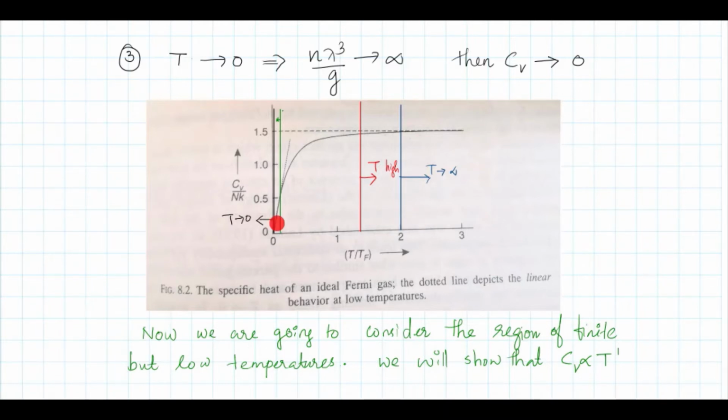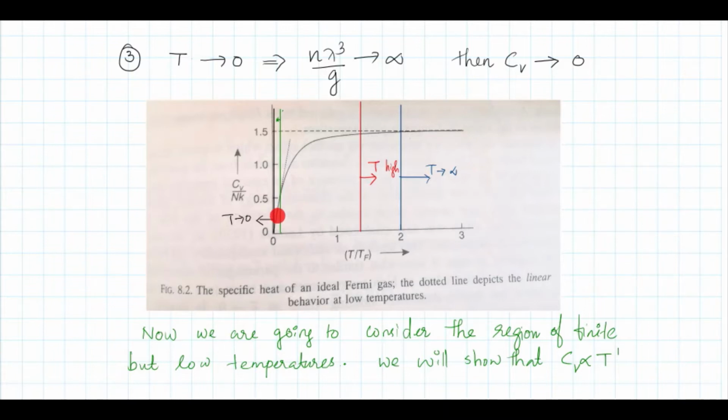Now I am going to explain the behavior around this green line, for very low temperatures but not tending to 0. In this low temperature region, I have to show that Cv is proportional to the first power of temperature.